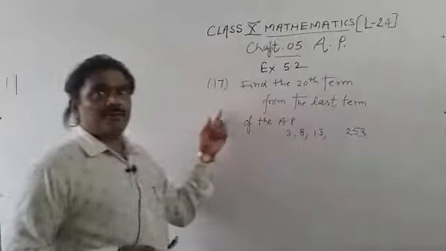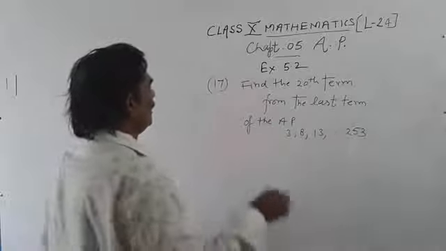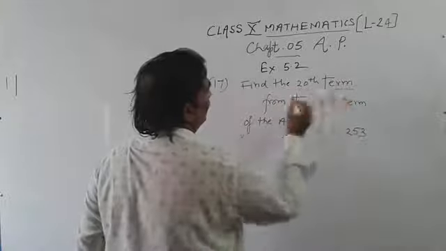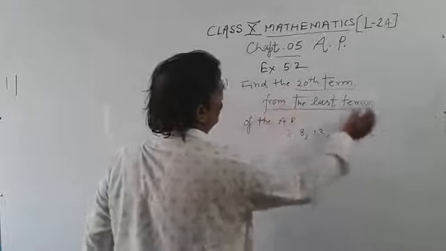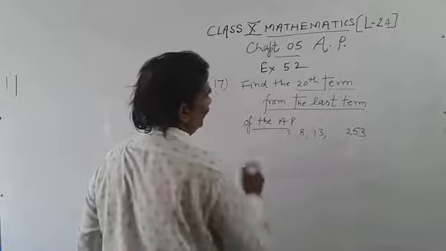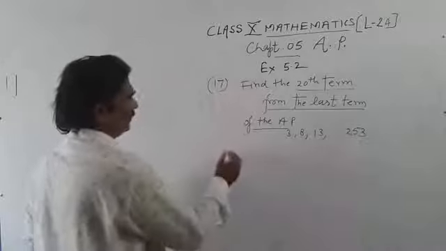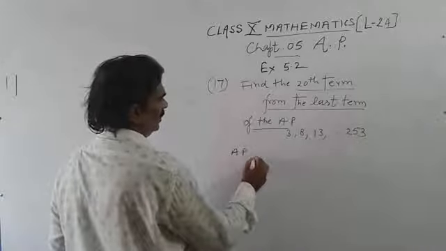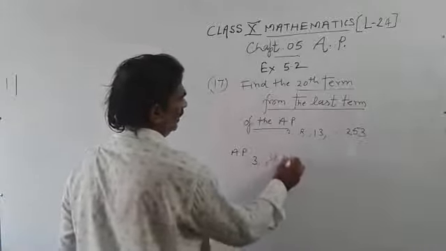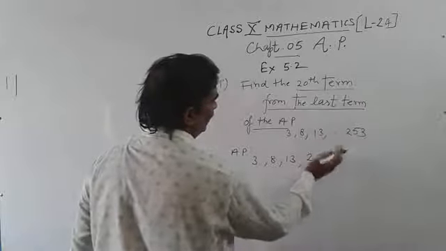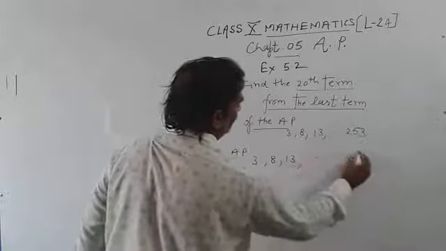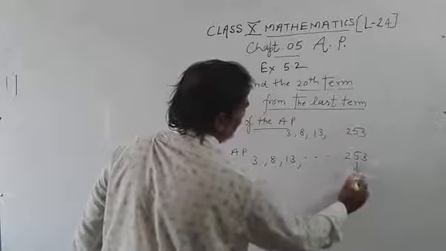So here we have the 17th question. The question is, find the 20th term from the last term of the AP. So here students we have an AP 3, 8, 13, dash dash dash, 253. So it is clear that this is the last term.